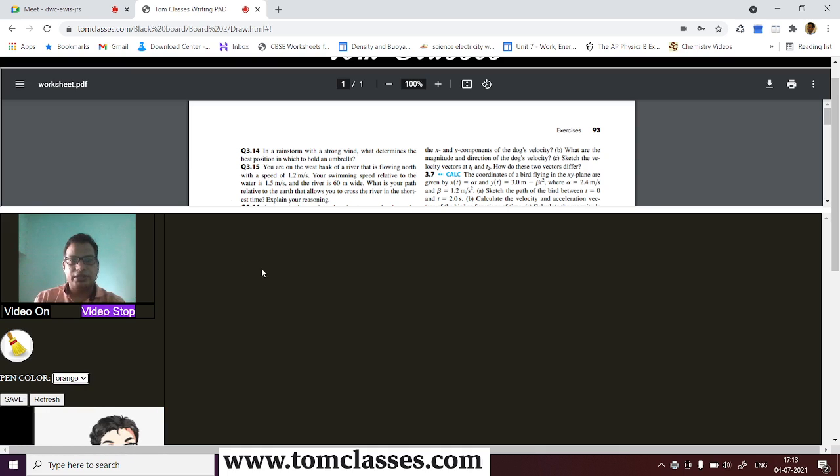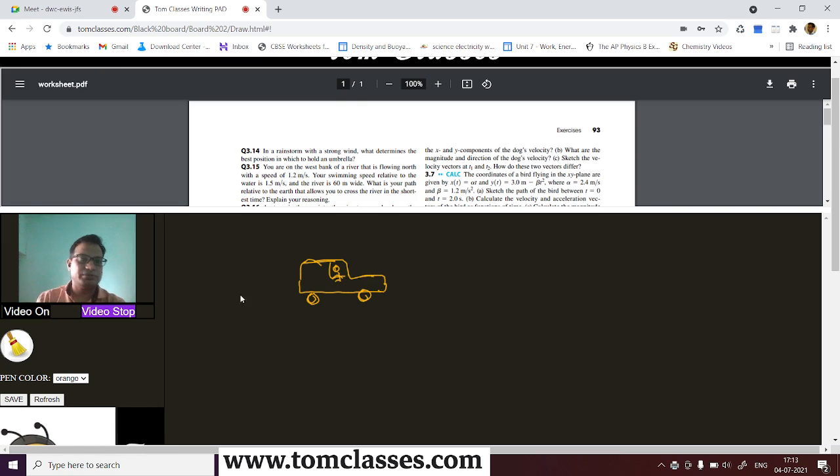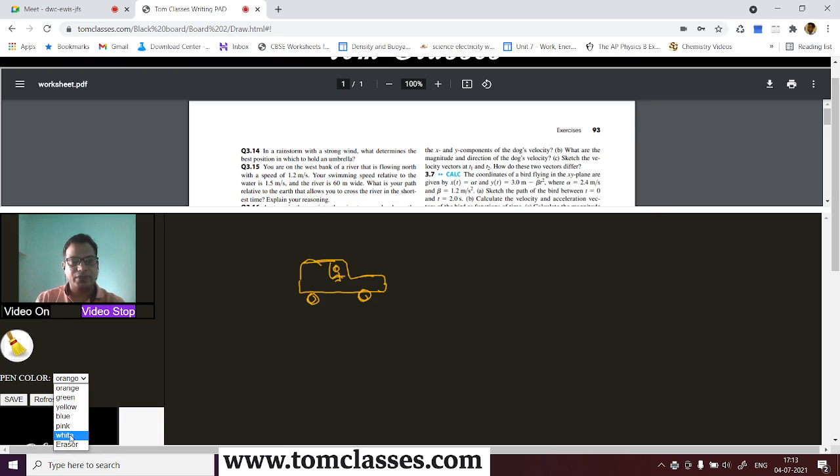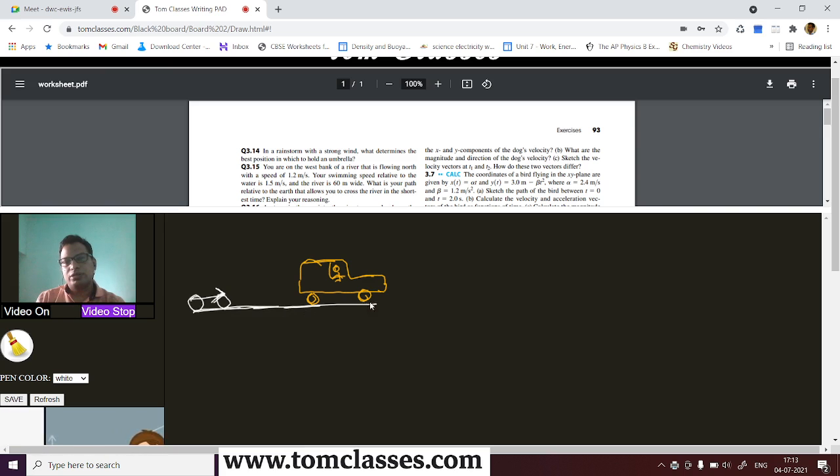Let me say, for example, there is a van over here, and some wrongdoer is going in it, and behind that there is a policeman on a bike.